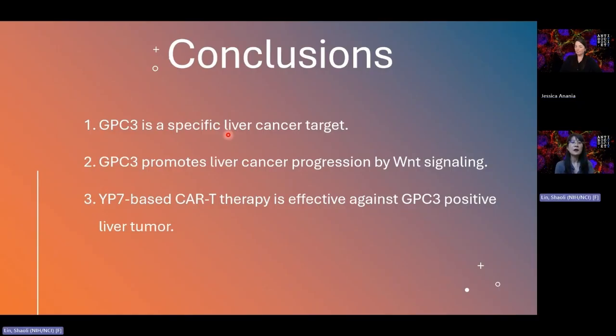Actually, in our lab, we are doing both. For YP7-based CAR T therapy, we are further improving it by engineering it into a TCR-based cell therapy. We are conjugating the YP7 antibody to the TCR construct.